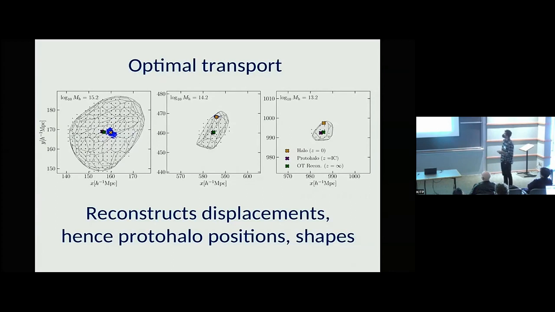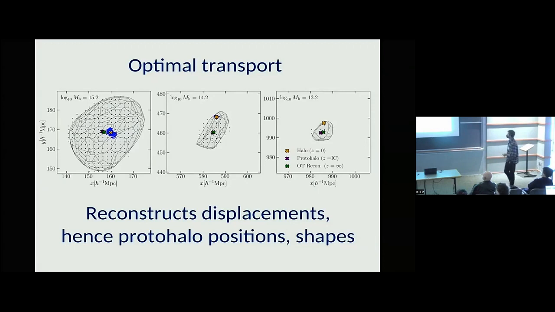But the yellow cross is the center of mass at redshift 0. The green is the center of mass of the reconstructed gray cell, and the purple is the correct initial center of mass. So what we're looking for is that the green and the purple sit on top of each other, and they may be displaced from the yellow.